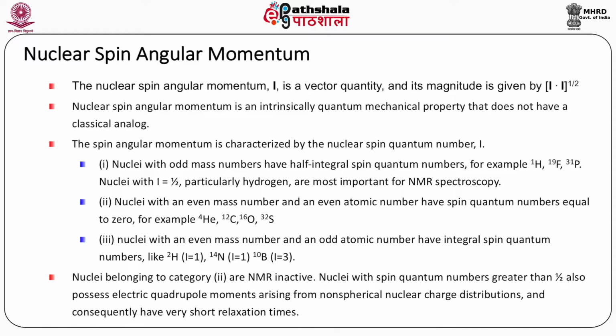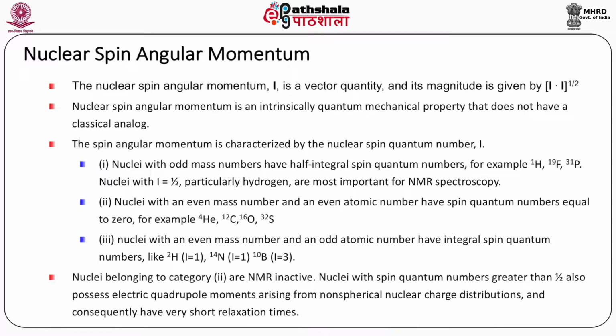Now we come to the nuclear spin angular momentum. The nuclear spin angular momentum is a vector quantity and its magnitude is given by the square root of the dot product I dot I. Nuclear spin angular momentum is an intrinsically quantum mechanical property that does not have a classical analog, and this is very important because most students would come across a very simplified explanation of rotation of charge, the nuclei being charged, so a rotating charge producing magnetism.